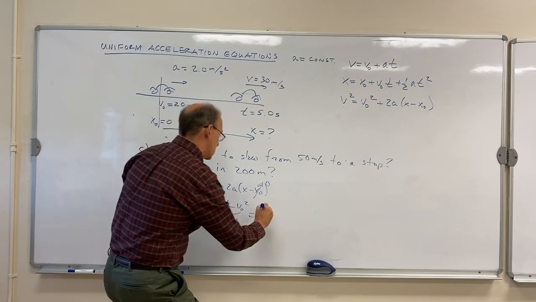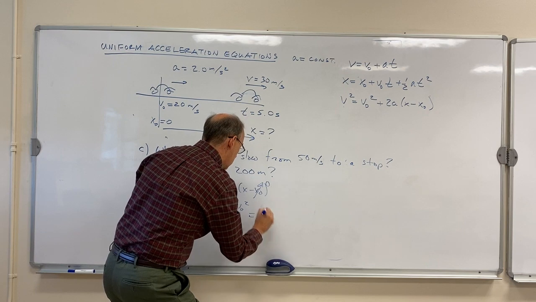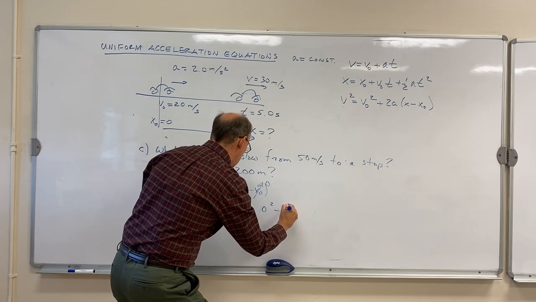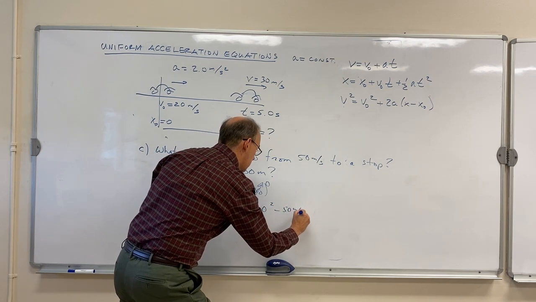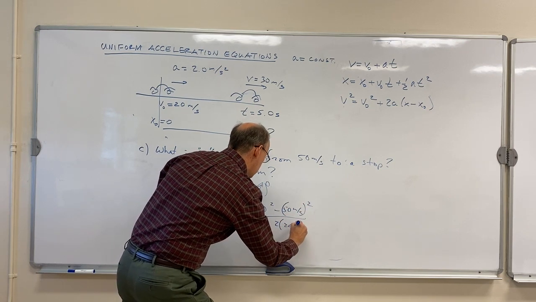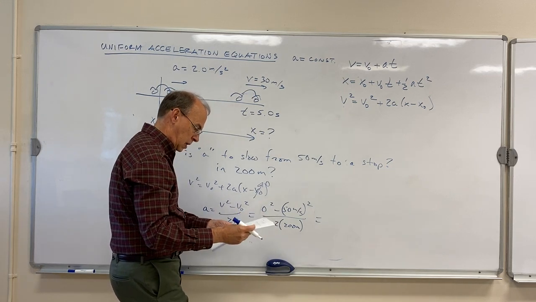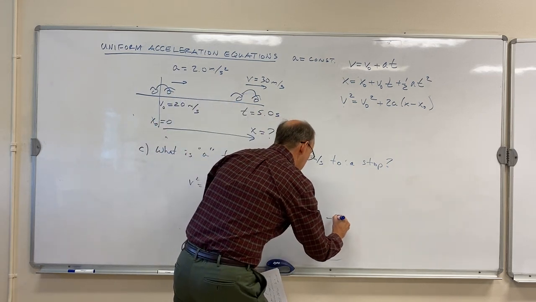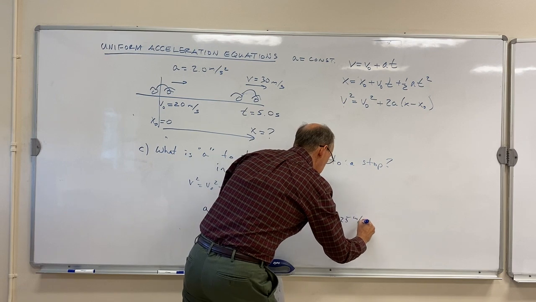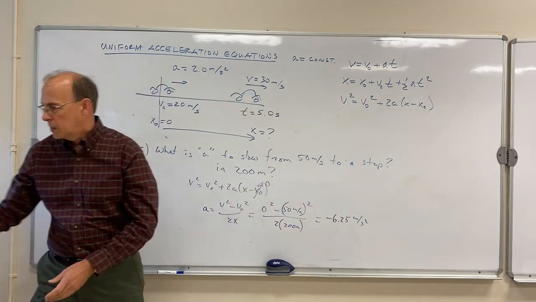So v final is now 0 because it stopped, 0 squared minus 50 meters per second squared over 2 times 200 meters. And I keyed all that in, and that gave me minus 6.25 meters per second squared. It needed to come out negative because it was slowing to a stop.